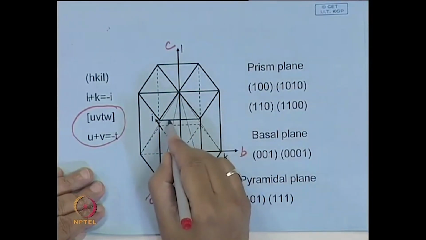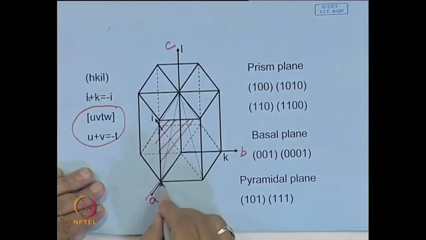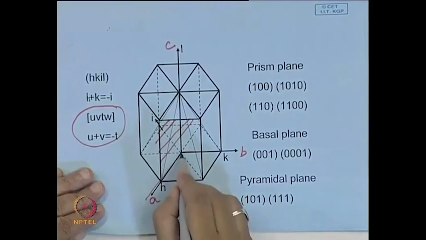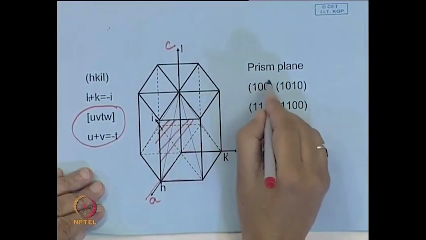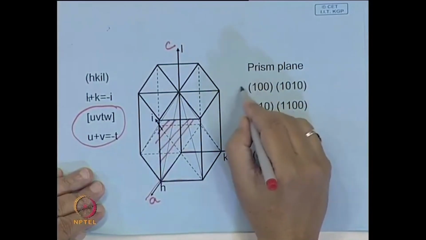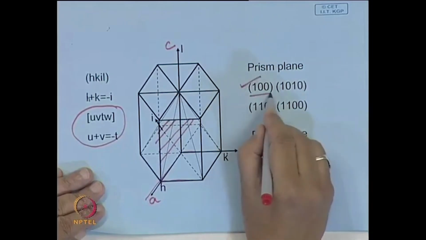So, you look at one of the prism planes, it is like this. It intersects only axis A over here, and it is parallel to both C and B. So, following the rule that we just saw, it is 1 0 0.